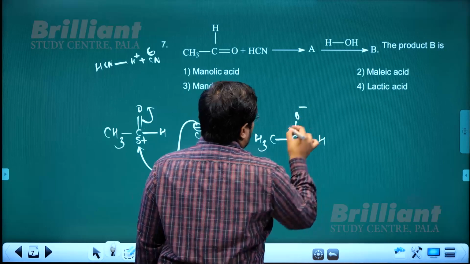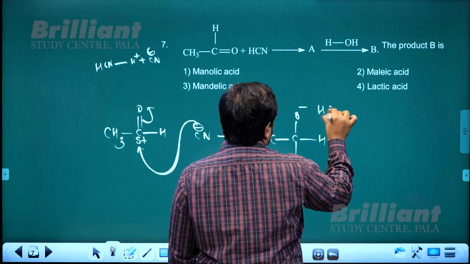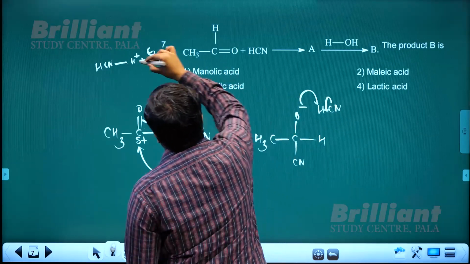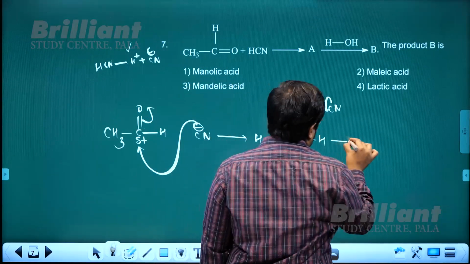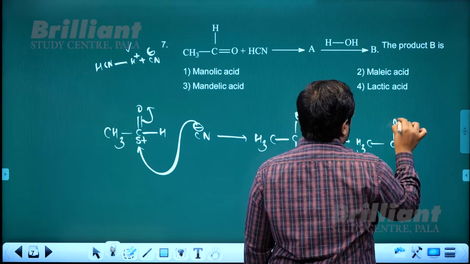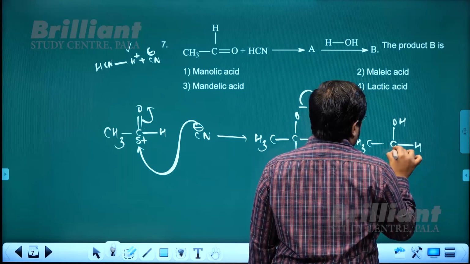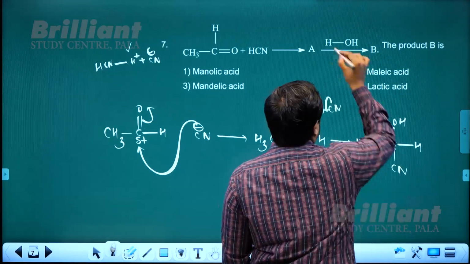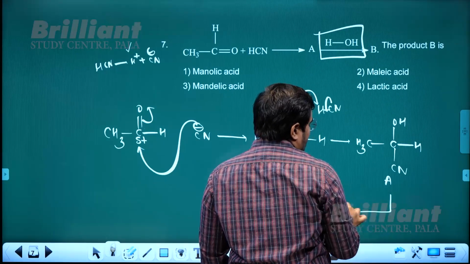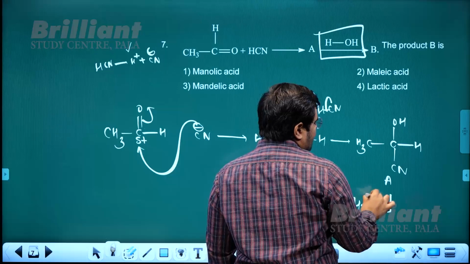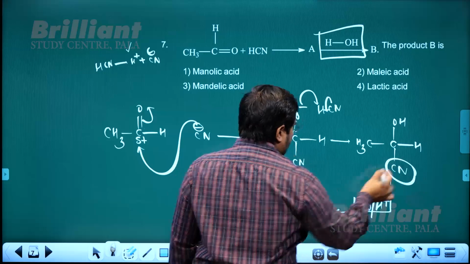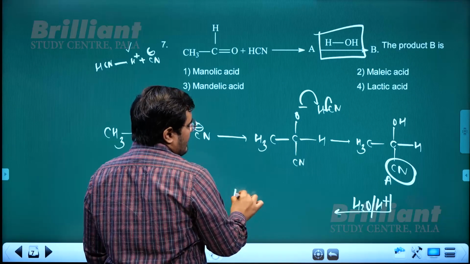This O minus can take a proton from the solvent, or you can say this H plus is there, so this will be protonated, and what we will get is CH3, C, OH, H and CN, which later undergoes hydrolysis. So this is our A, and if I do hydrolysis of this using acid or base as a catalyst, then I know the nitrile group will be hydrolyzed to carboxylic acid.